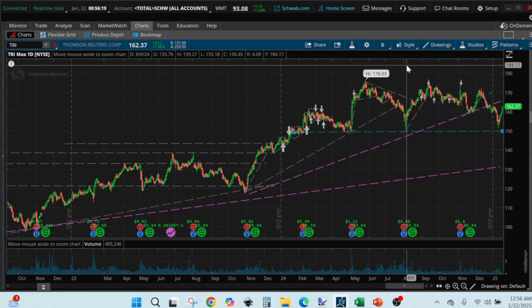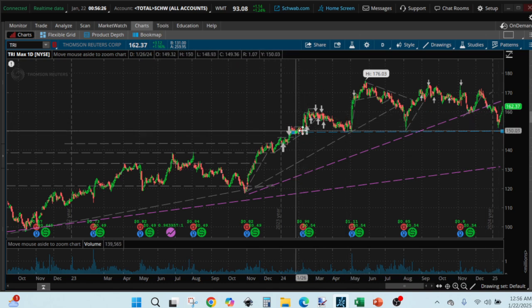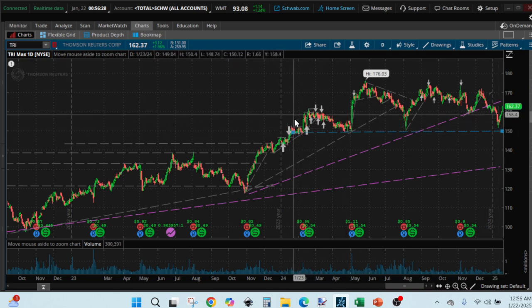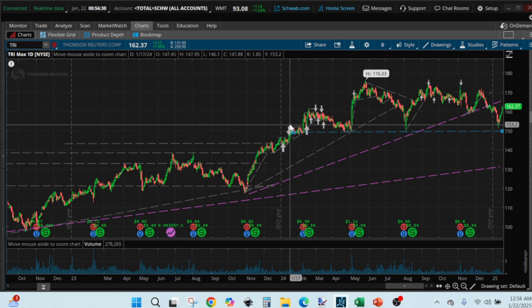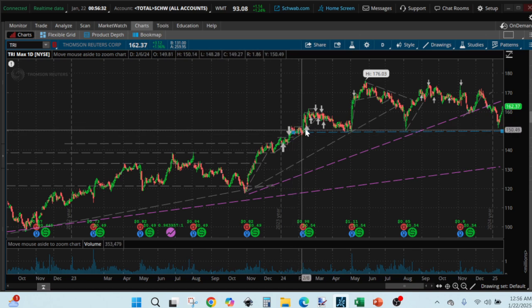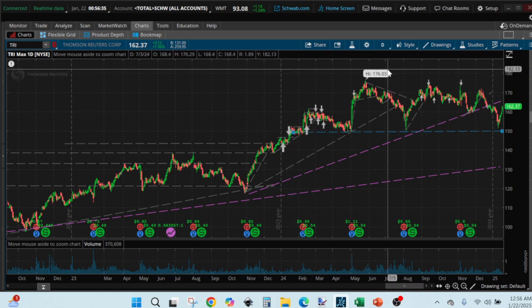I don't know what I'm tracing here. It's not quite straight. It looks a little bit down to me here compared to here, but it's not really a resistance line here either. It's just a support. So I don't know what it's doing, but we can just keep looking.